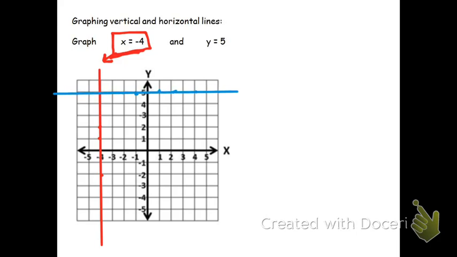And so that's the graph of y is equal to 5. Notice that we get a horizontal line. So every equation where it's just y equals some constant will be a horizontal line going through that number on the y-axis. So x equals a constant is a vertical line, y equals a constant is a horizontal line.